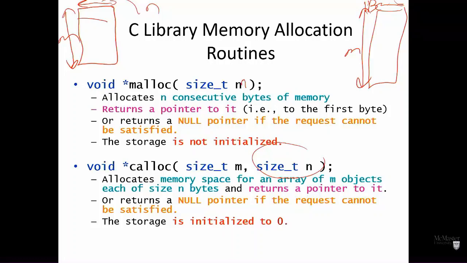So it's a contiguous place in memory. But calloc, the way it defines it, you have m objects, but also you have another number, n, which is telling you the width of each entry. Good? So think of this as if you have m integer objects, and each one of them is 4 bytes, right? Because integers are 4 bytes. So there are very little differences between malloc and calloc.